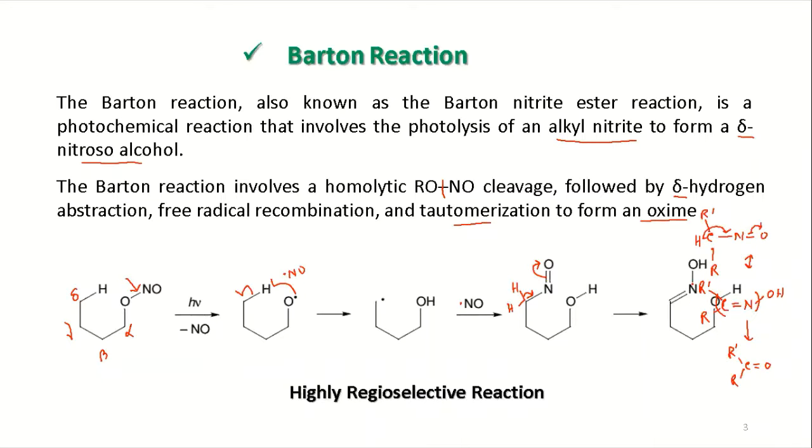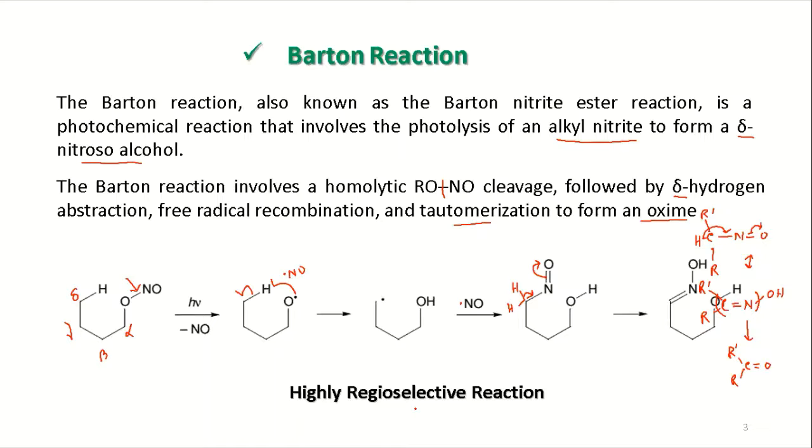Now you have to remember one most important point in this particular reaction: the reaction is highly regioselective. It means the abstraction of hydrogen will take place from the same side of the alkoxy radical. So if the alkoxy radical is in the upward direction, the hydrogen abstraction will be from the upward directional hydrogen.